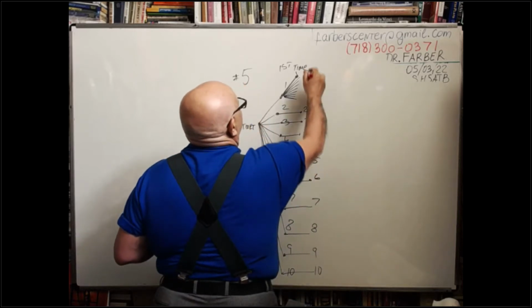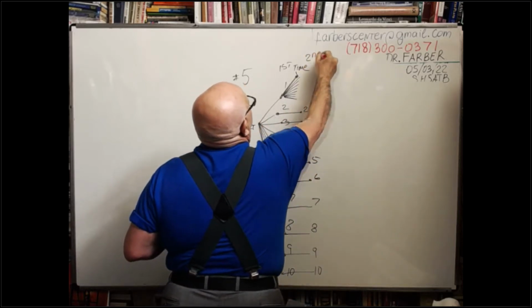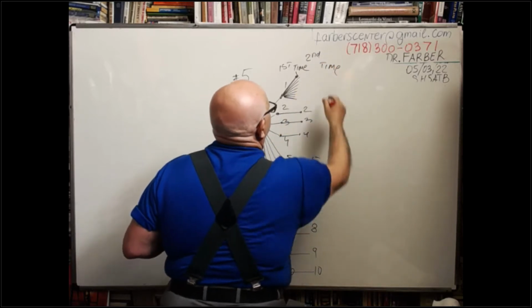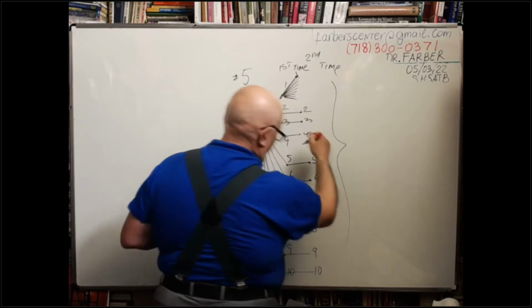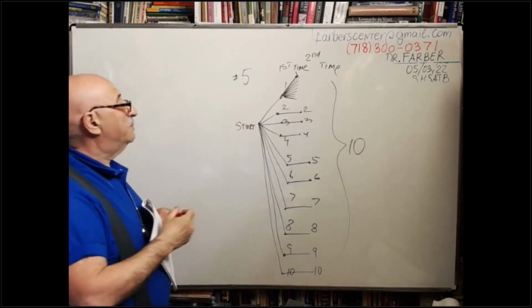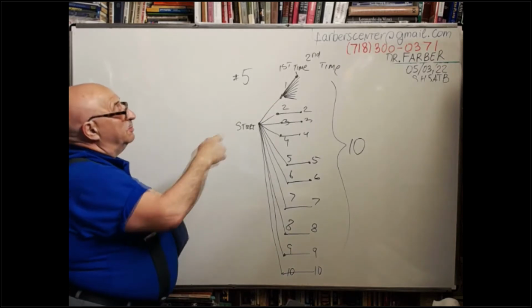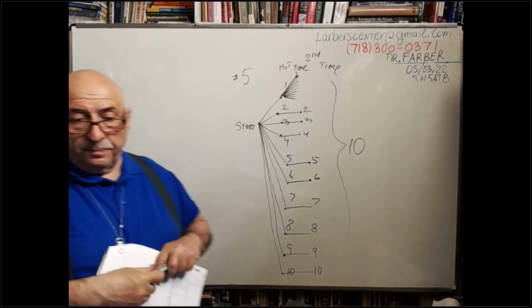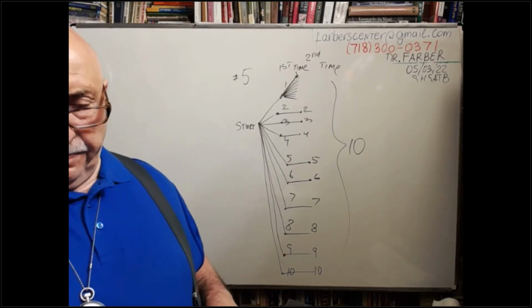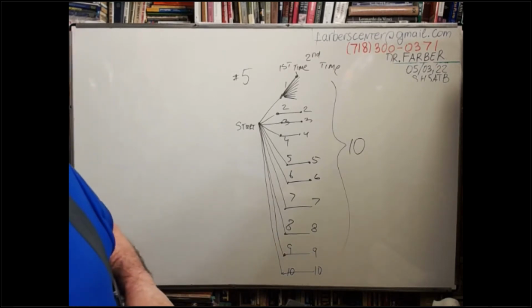This is the second time. Now count: we have 10. Who understands this 100%? Who has questions?